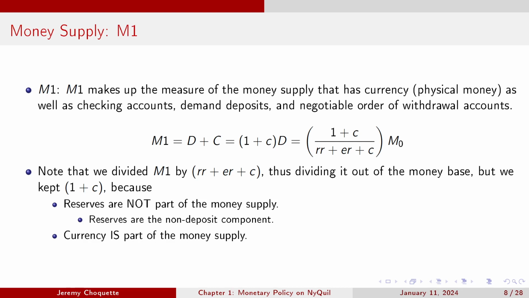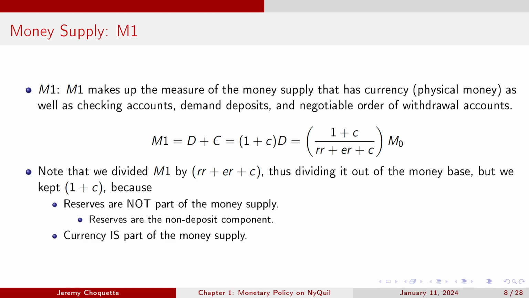What is M1? M1 is the measure of the money supply that has currency, which is the physical money that you carry around, as well as checking accounts, demand deposits, and negotiable order of withdrawal accounts. Now, if you note, we divided M1 by the money base, thus taking out the money base from M1, but we're keeping 1 plus C because reserves aren't part of the money supply.